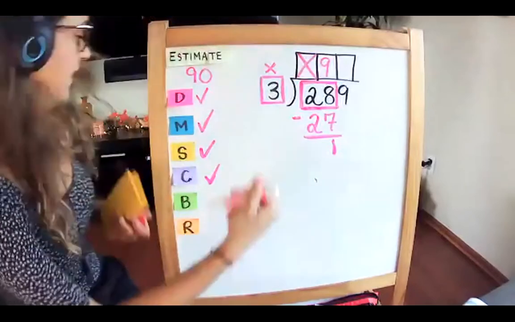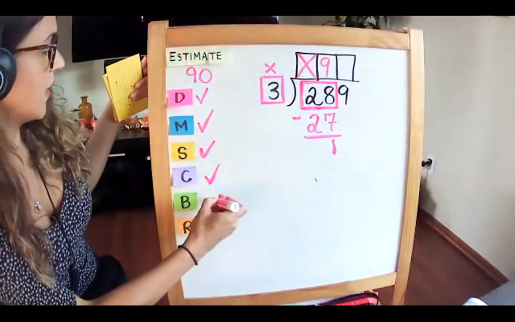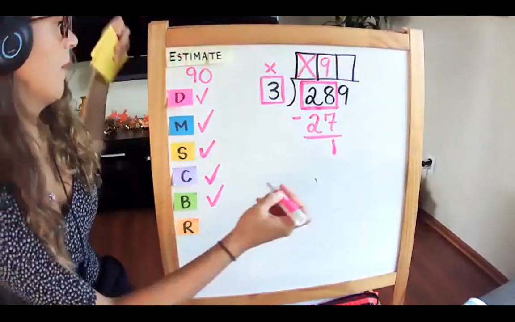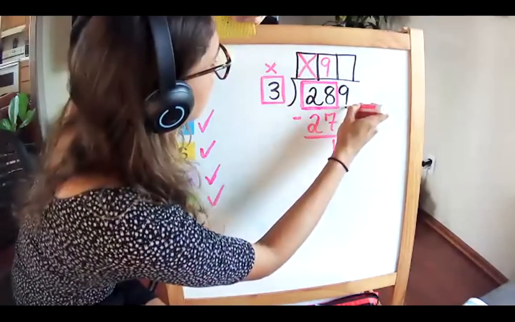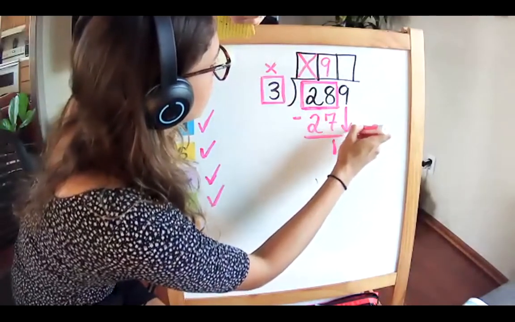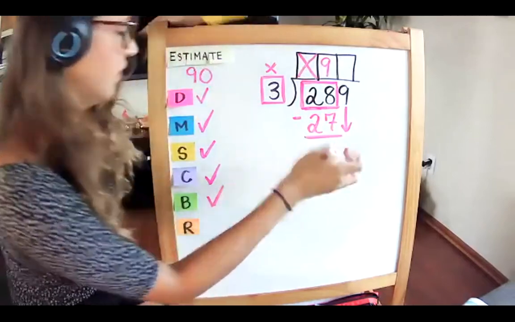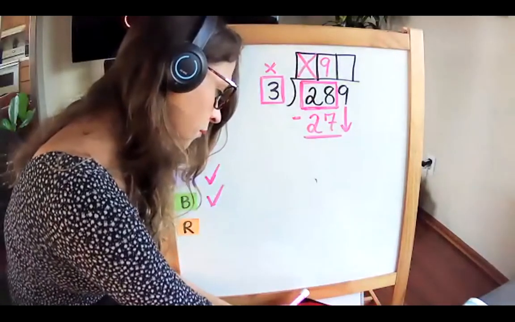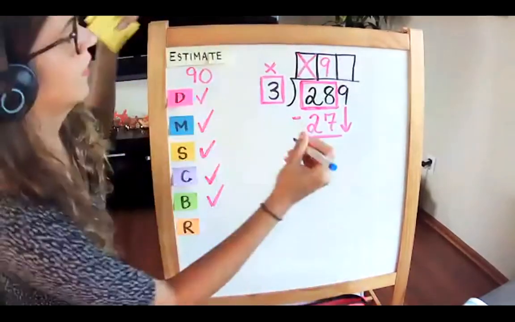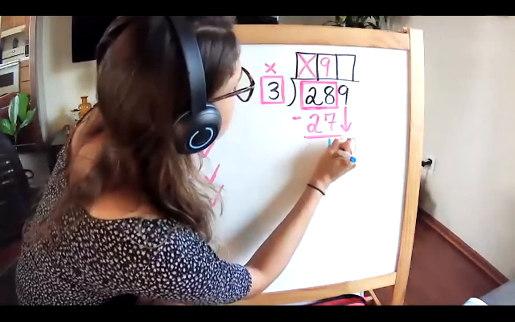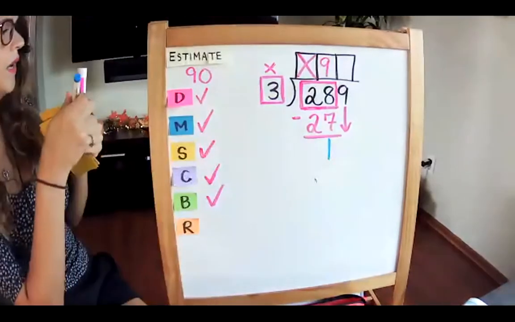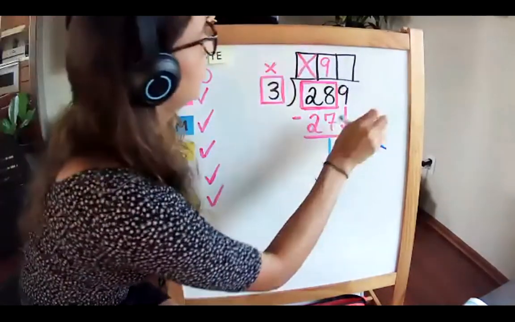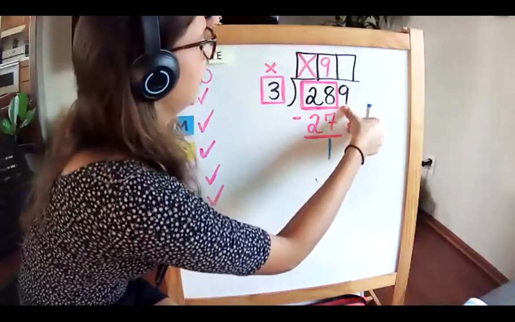Now to move on. Next step, bring down. I'm going to bring down, and I meant to do this in another color, my answer. Where's my pretty blue? Pretty blue, there we go. I'm going to put this in blue. You'll see why. All right, we're going to bring down the 9.